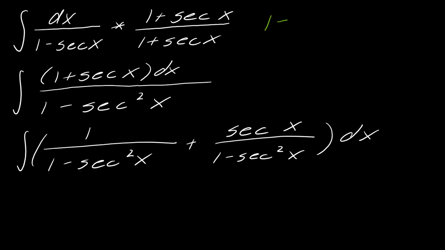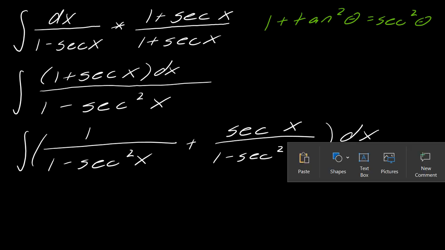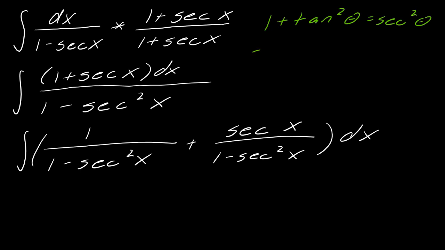That identity is 1 plus tangent squared theta equals secant squared theta. So if I manipulate this, what I will get is that negative tangent squared theta equals 1 minus secant squared theta. So this identity here I can actually use with this problem.